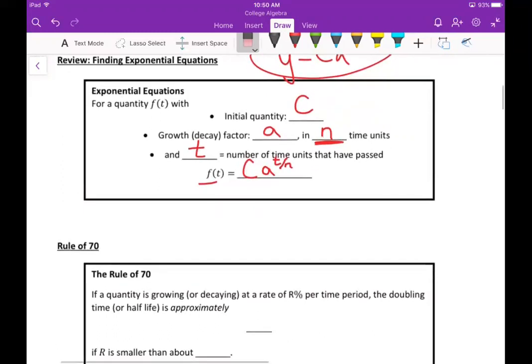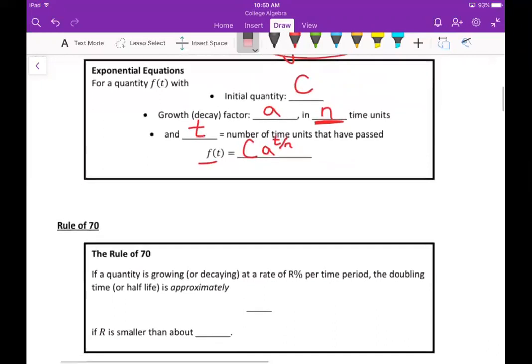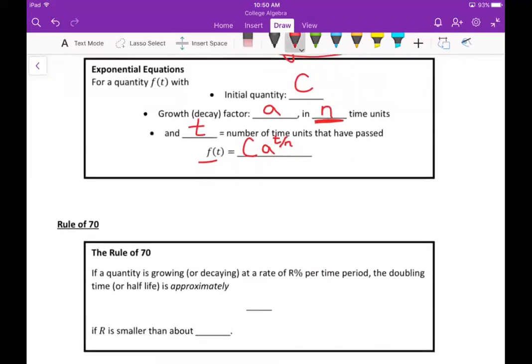The other thing that's helpful is, and we are going to find out in just 2 more sections, but we still don't know exactly how to find that output. If we're looking for a certain output, we have to just test inputs because our input variable is in the exponent.